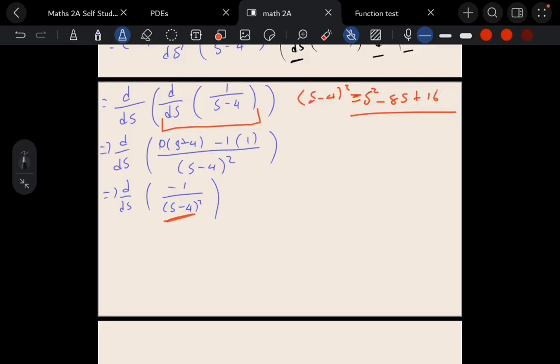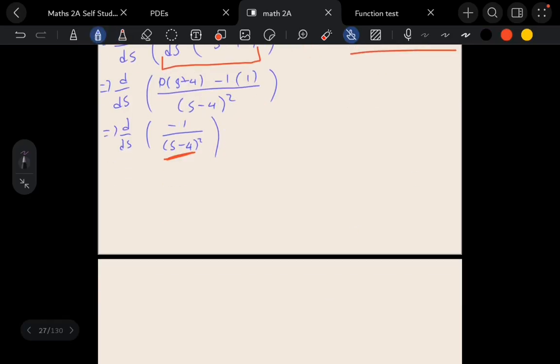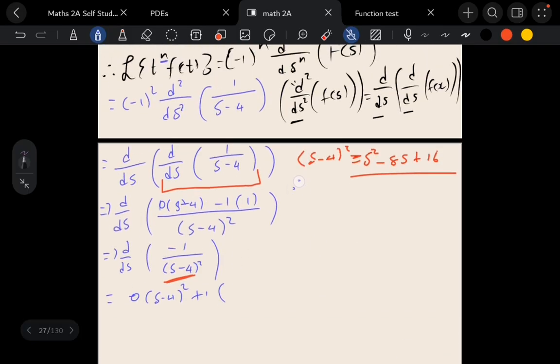So this is the bracket when you simplify it. When you derive this once more, I'm going to have 0 times s minus 4 all squared plus 1 in bracket. Remember, the quotient rule states that if you have d over ds of f over g, I'm going to have f prime times g minus f times g prime, divided by g all squared.